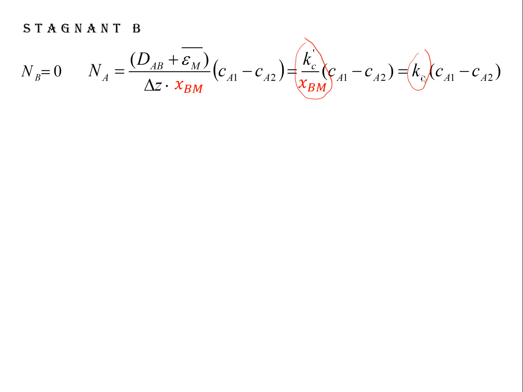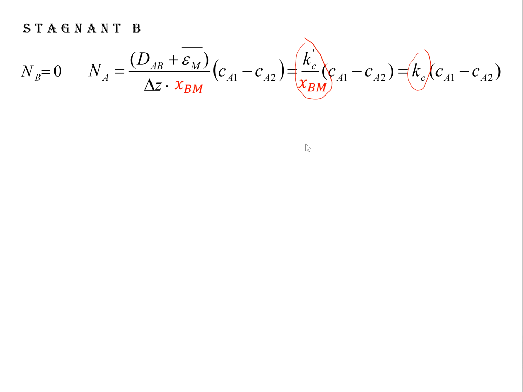So you can correlate to the EMCD coefficient when you divide the EMCD coefficient by XBM. That means the constant over here, you have DAB plus average eddies over path length, and also XBM. What is maintained is the driving force over here.